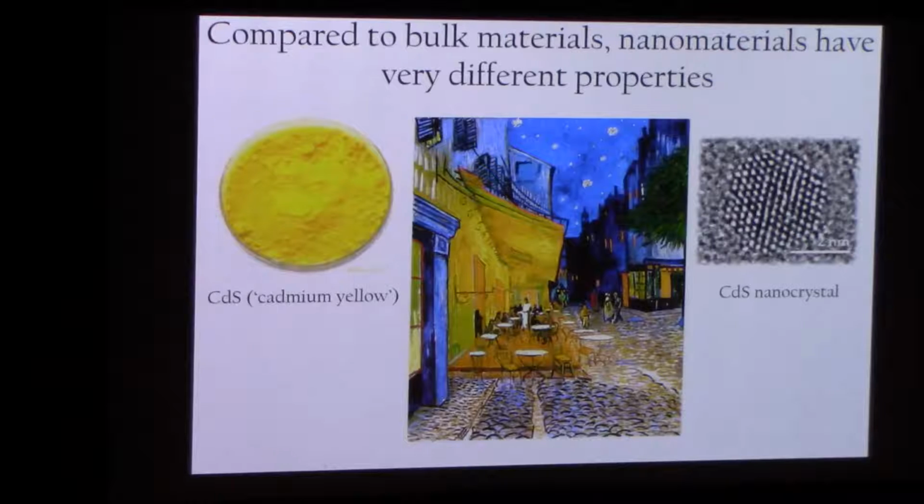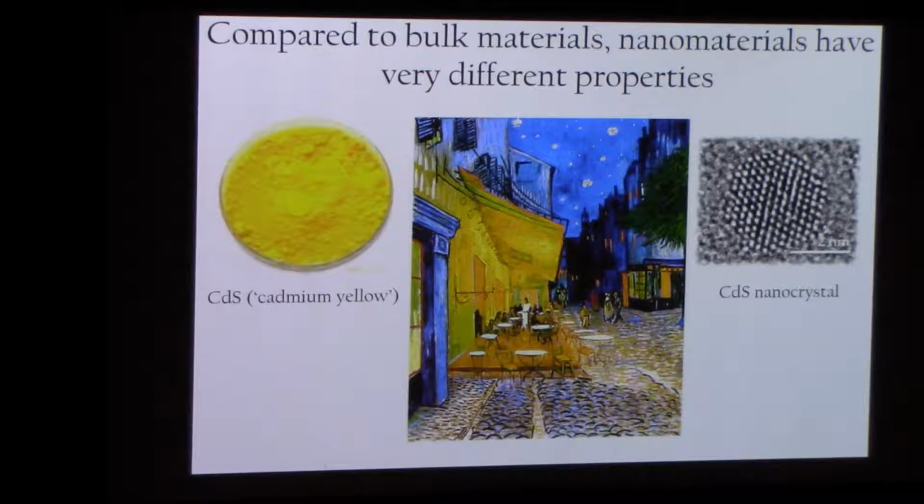I also want to give you an example of semiconducting material. Semiconductors are, of course, the heart of all of the technologies like cell phones and laptops that we appreciate today. Instead of focusing on silicon, kind of the main semiconductor that's in all of our devices, I want to focus instead on a more visually appealing semiconductor, cadmium sulfide.